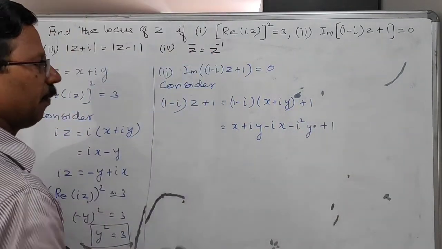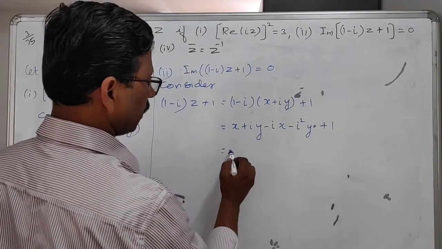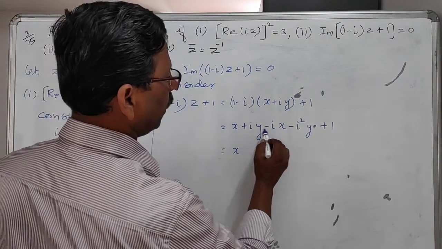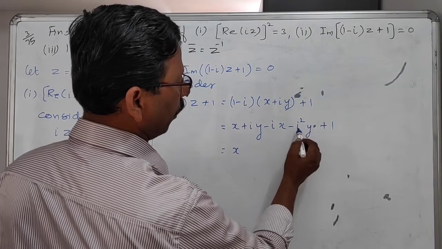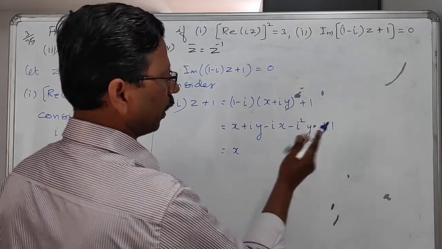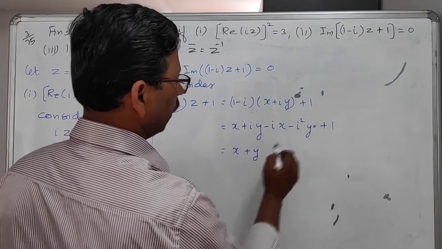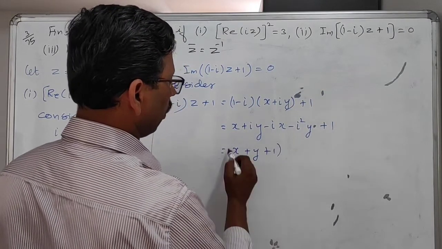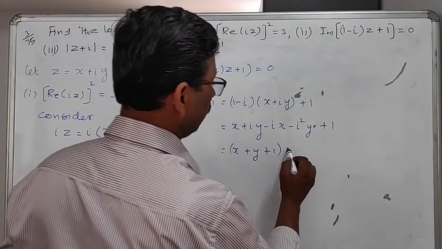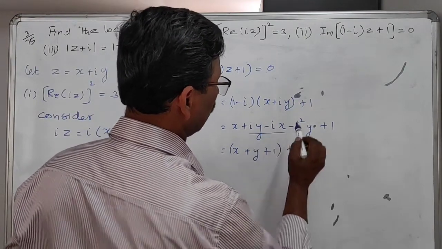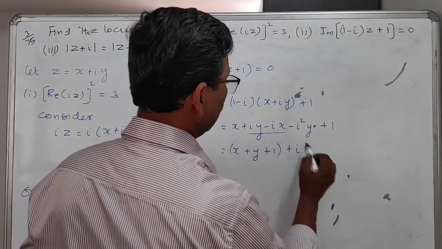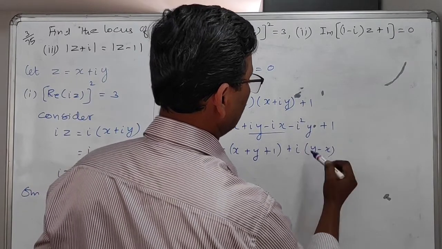Here x is the real part, and this also is a real part. What is i square? Minus 1. Minus of minus 1 gives plus y, then plus 1. These three are real parts, and the imaginary part is plus i into (y minus x).